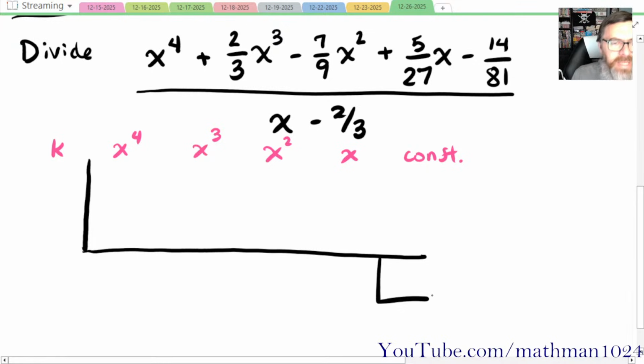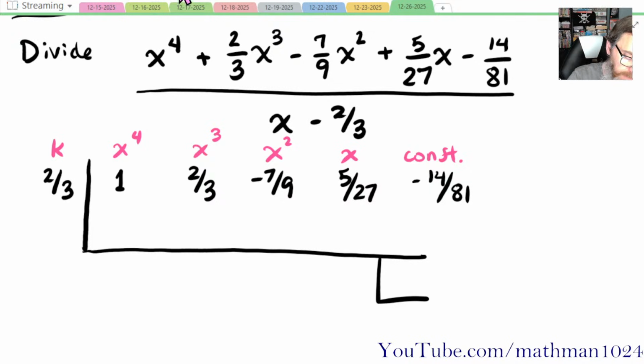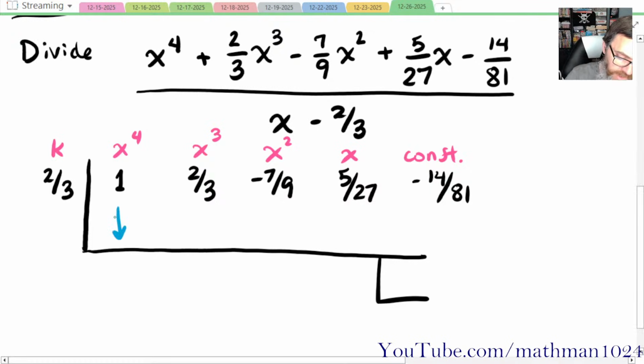All right, so my k value, I see a minus 2/3, so my k value will be the opposite of that, so positive 2/3. I have 1x to the 4th, 2/3 x to the 3rd, minus 7/9 x squared, plus 5/27 x, and then minus 14 over 81. All right, first thing first is to bring down the 1.